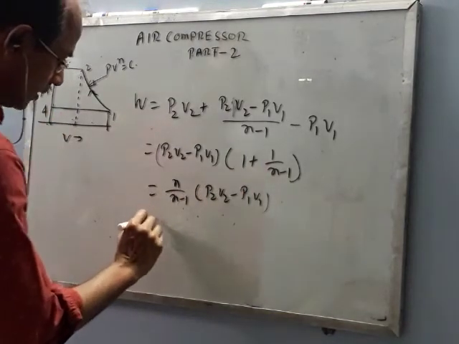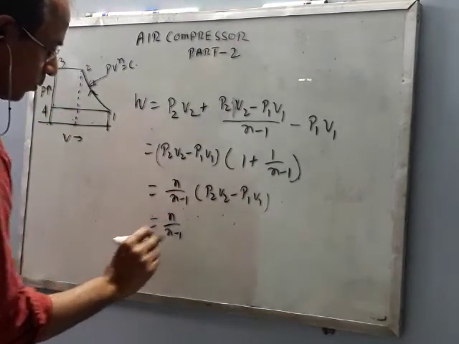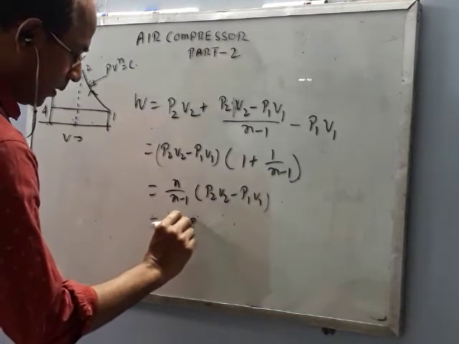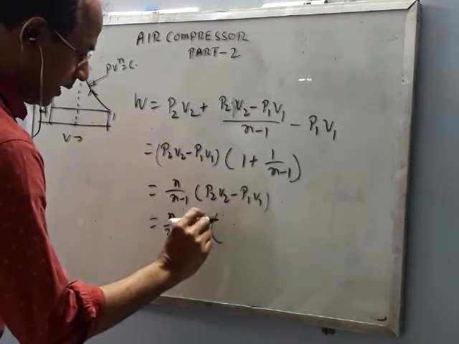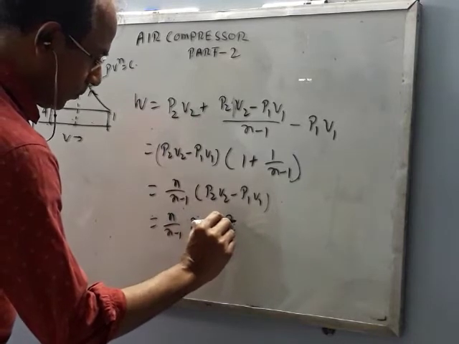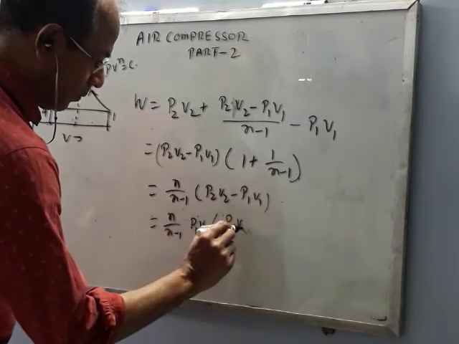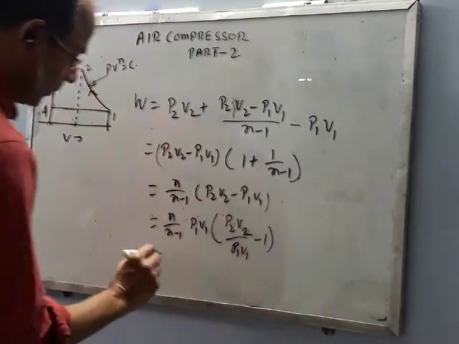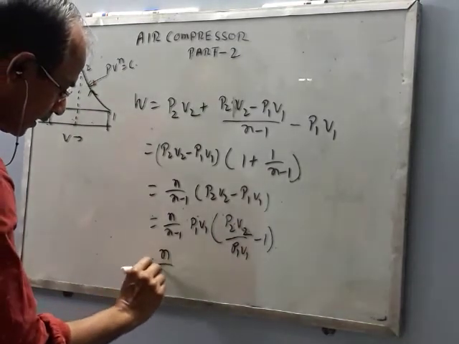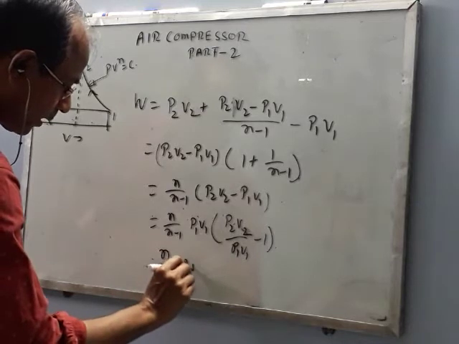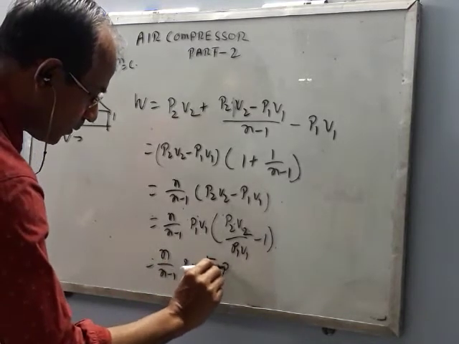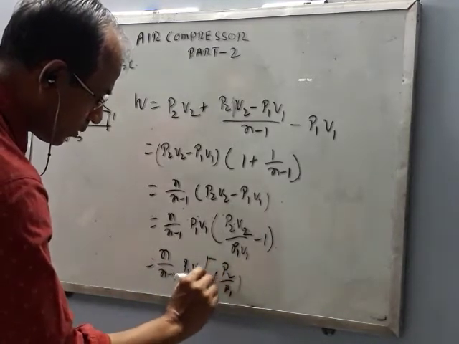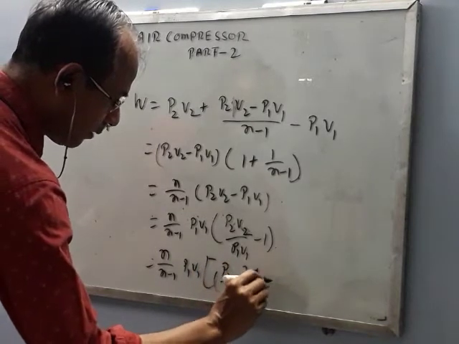So this is equal to n by n minus 1. If we take P1 V1 common, then P2 V2 divided by P1 V1 minus 1. That will be n by n minus 1 P1 V1, that is P2 by P1 to the power n minus 1 by n, minus 1.